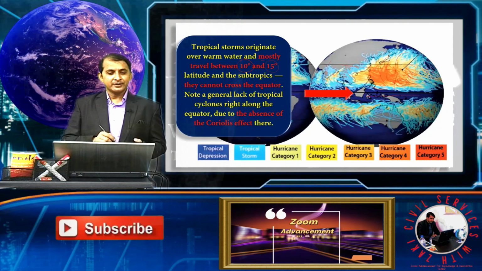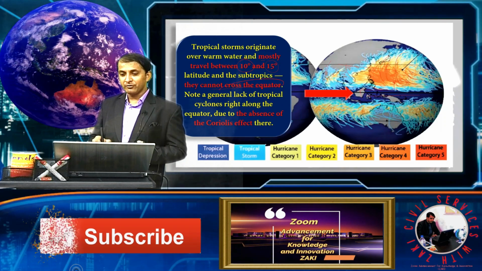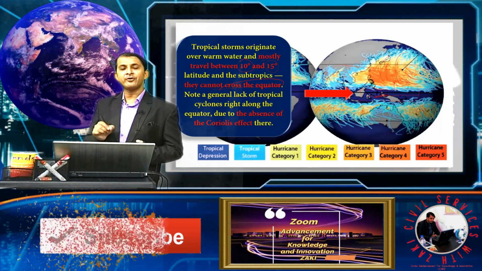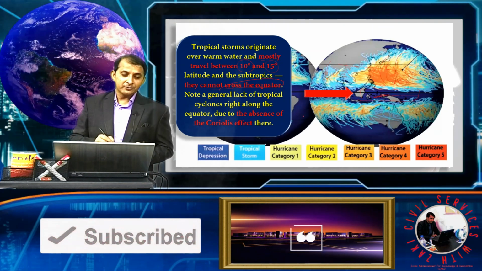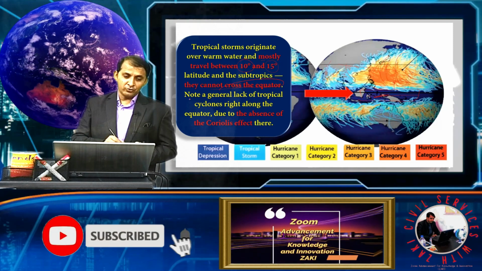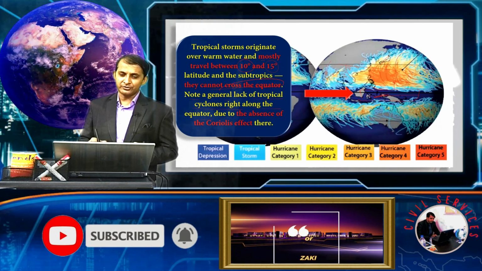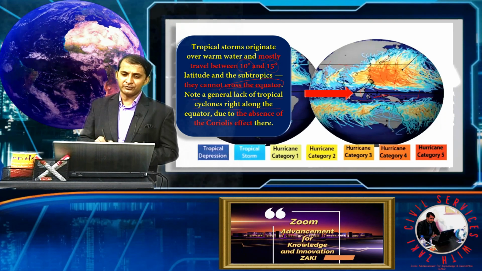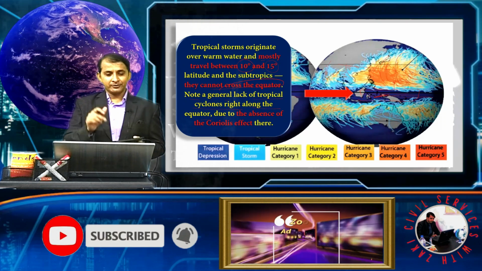But note that they cannot cross the equator. You cannot find any cyclone on the equator. Note the general lack of tropical cyclones right along the equator. So see here, you can find tropical cyclones elsewhere.